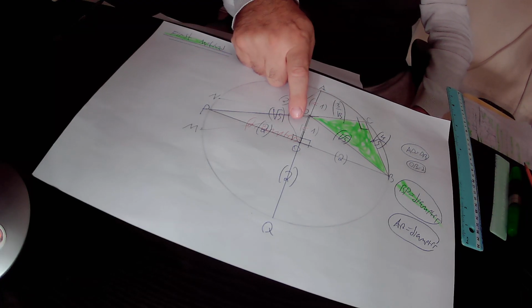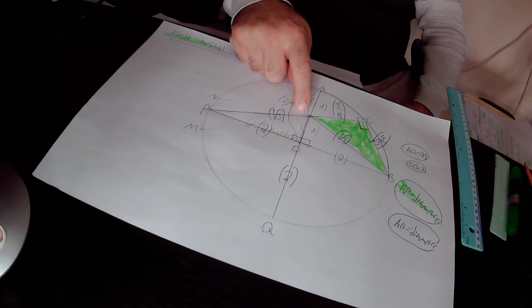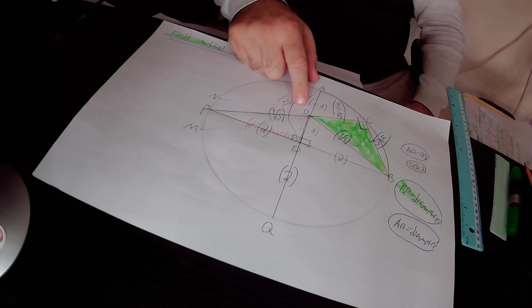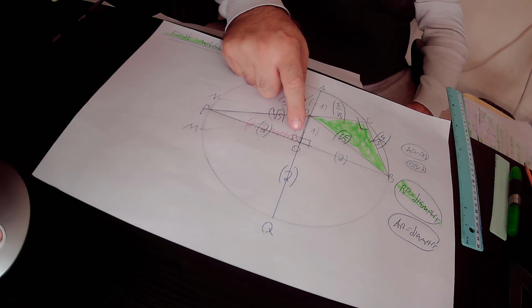So the radius AO must also be equal to 2 units in length. At point D, the radius AO is divided into two halves. Each half must be equal to the length of the radius over 2, that is 2 over 2. So the first half of the radius AO equals 2 over 2, which is 1, and the second half, DO, must also be equal to 1 unit in length.